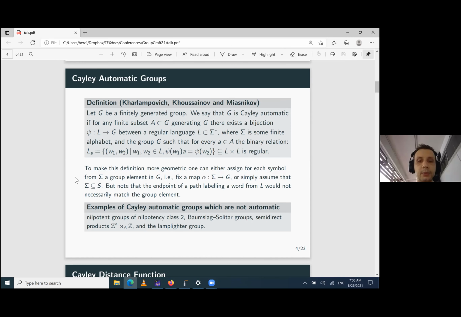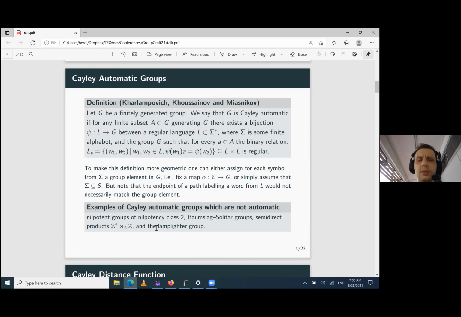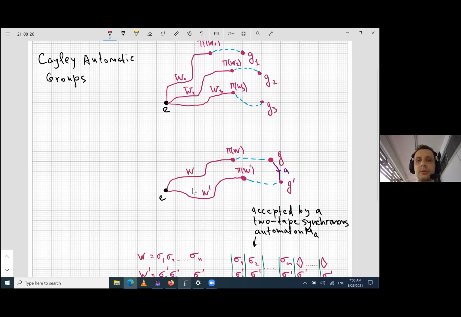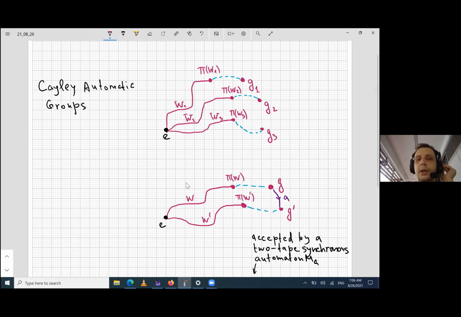What we try to do is understand the geometry of normal forms in Cayley automatic groups. The idea was to look at these distances, these gaps, because in a Cayley automatic group you have a gap between the end of a word representing, for example, G1 and the element G1 itself.